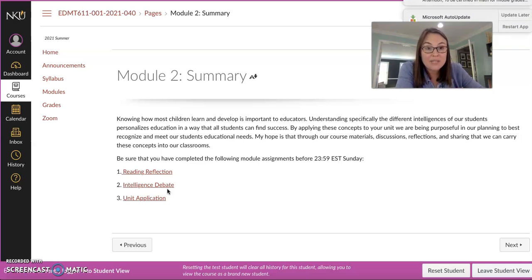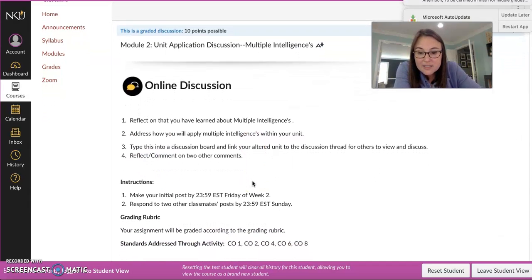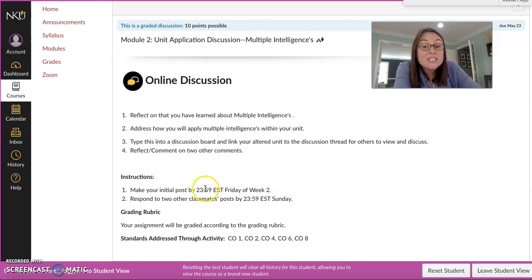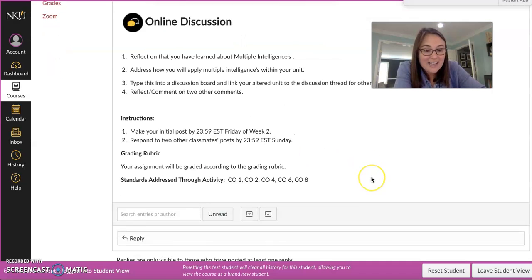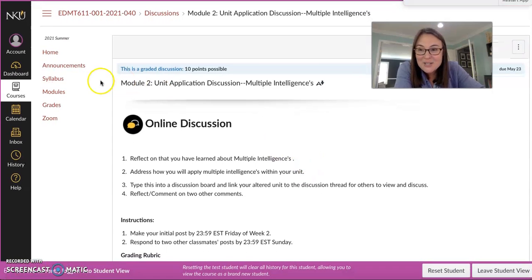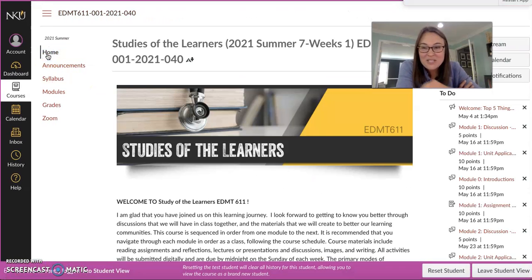In your unit application, let's look back to see when the initial post is. Your initial post is by Friday, so that is May 21st, and then you've responded to 2 peers by May 23rd. You see, I can't even keep all these dates correct. I have to go back and look to see what's going on.